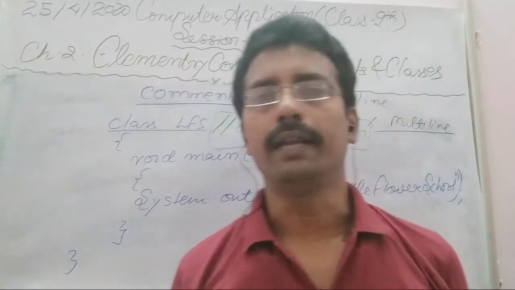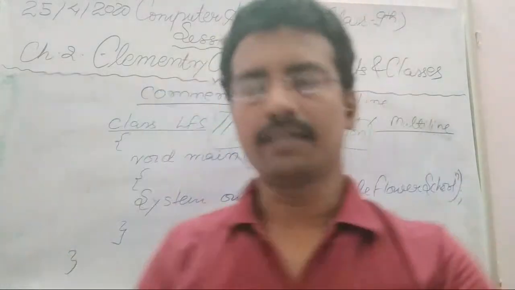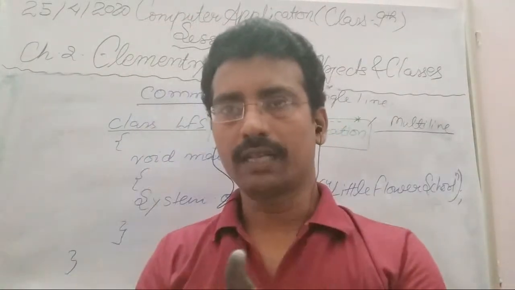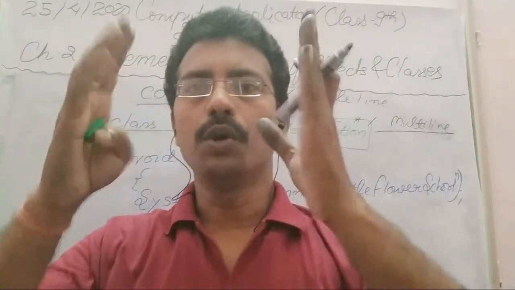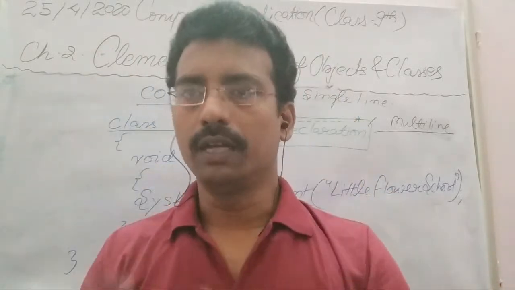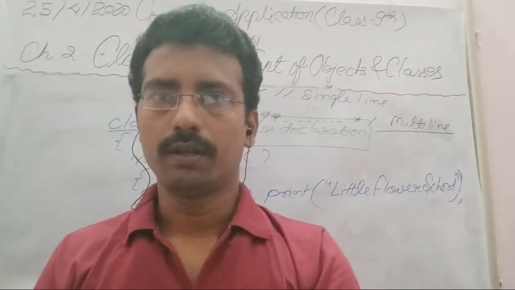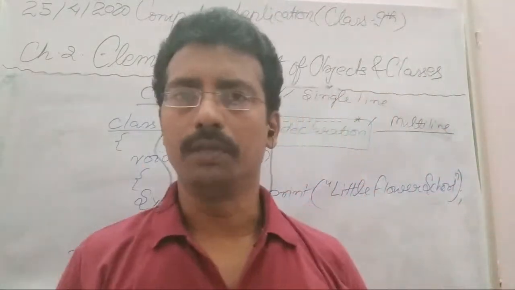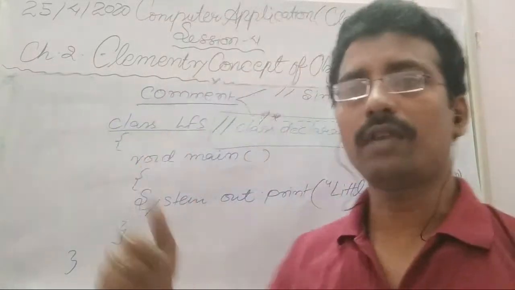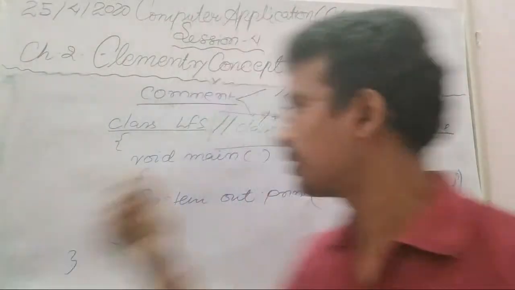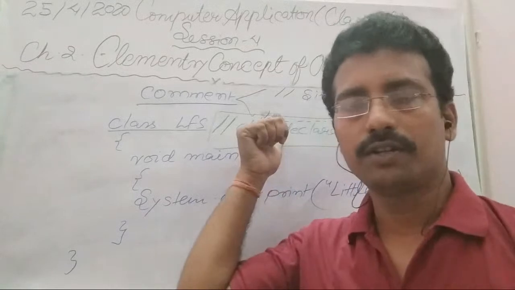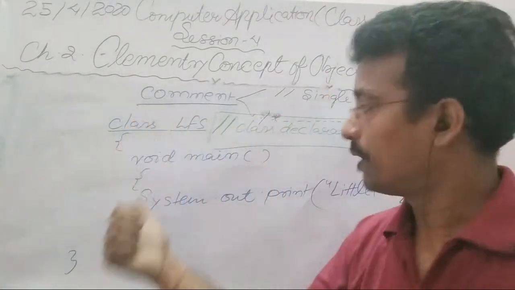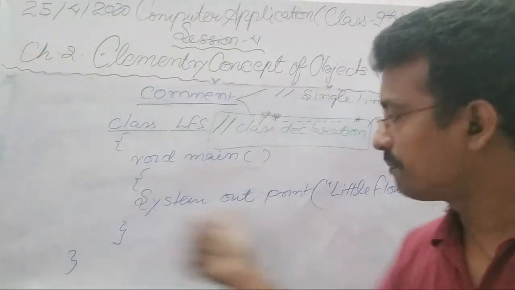So why is it written? A simple example: you can write this kind of comment in your examination copy, and in the computers. What is the purpose? The purpose is to give additional information on why you have used this particular statement, and what is the purpose of this line.